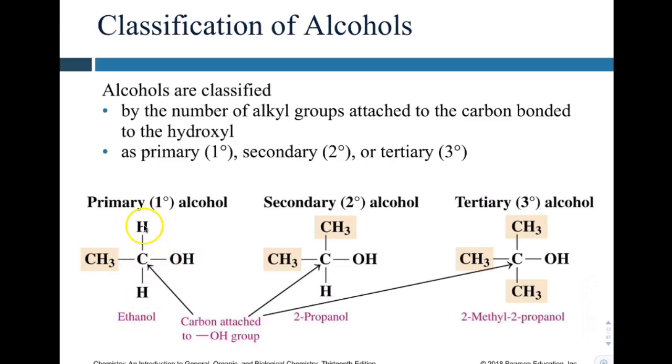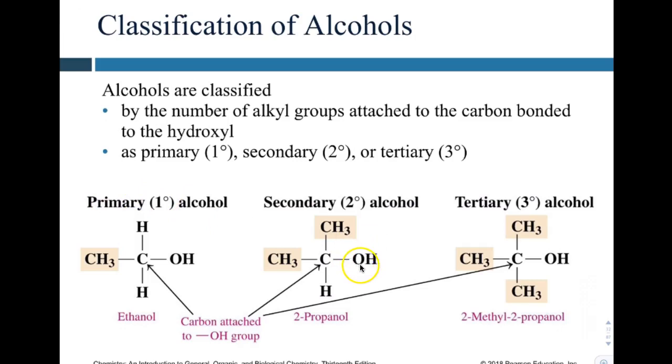That means the other things are hydrogens, and the hydroxyl group does not consider the hydrogen as something it has to share the carbon with. It is not a threat. It only is sharing the carbon with this other CH3 over here. And so this is a primary alcohol, where the hydroxyl is sharing the carbon's attention with only one other thing, so we call that primary.